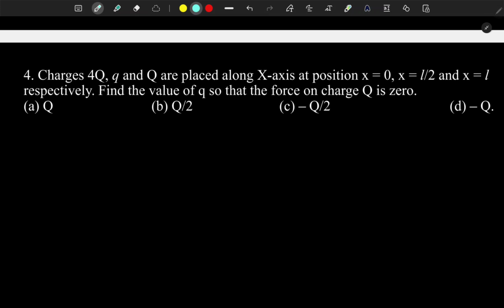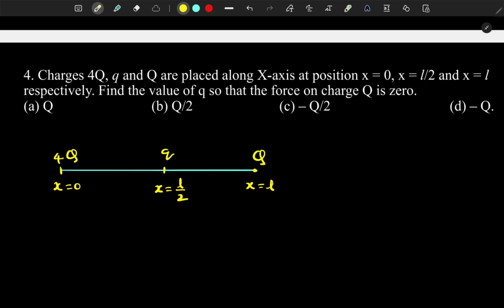Let me draw the diagram for that. I will consider the x-axis like this. At x is equal to 0 we have a charge, at x is equal to L by 2 we have one charge, and at x is equal to L we have another charge, that is 4q, small q and capital Q.